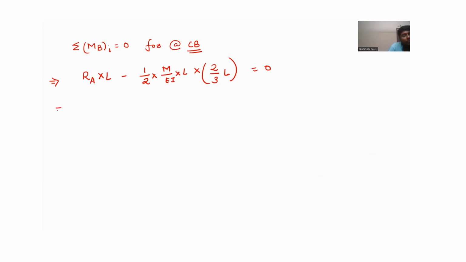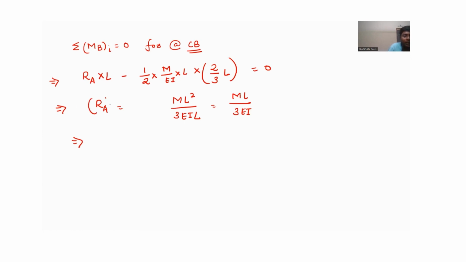When you do summation of moment about point B equal to 0 for the conjugate beam, you will get RA into L minus half of M by EI into half into base into height into 2/3 of L, that will be the lever arm, equal to 0. From here, you will get RA equal to ML square upon 3EIL, so ML upon 3EI.